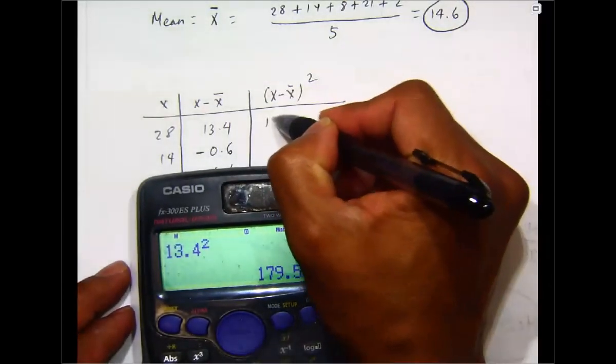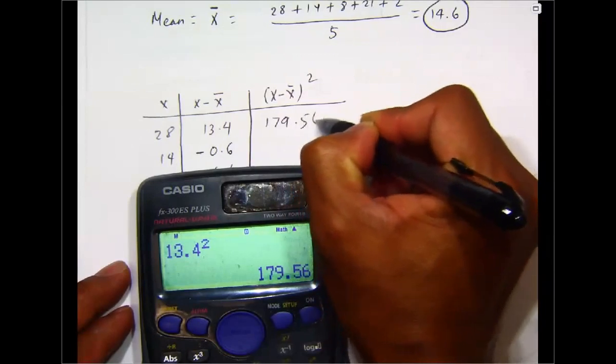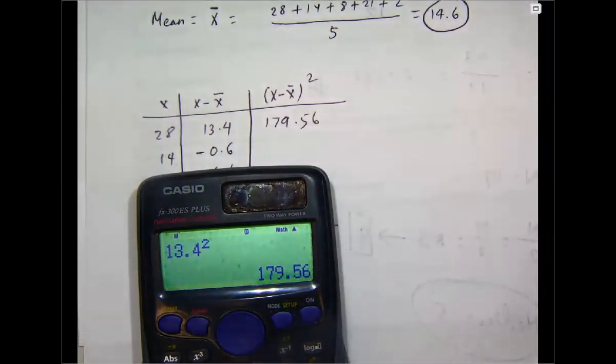It's 179.56, right? Hey, here is the thing. Don't round it, because if you round it at this point, then your final answer would be completely different. If you are trying to find the standard deviation, don't round your answer until the final point. Make sense?